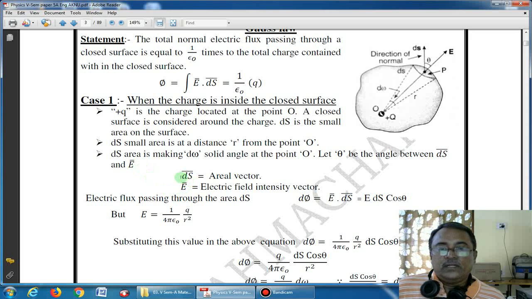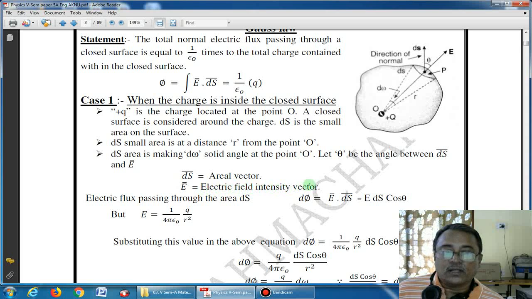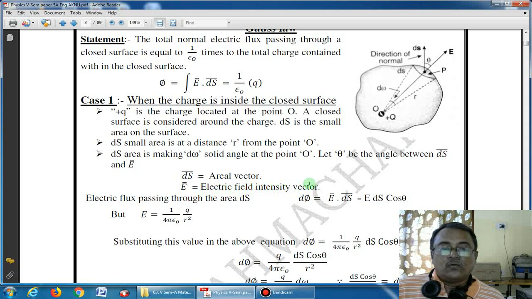So, ds bar is the areal vector and E bar is the electric field intensity vector. Then what is the total number of electric field lines passing out through this small area?